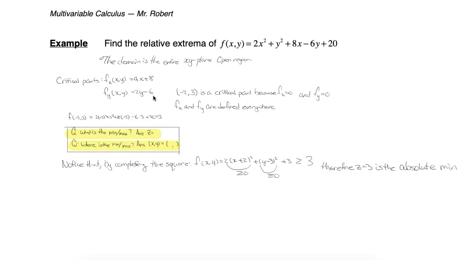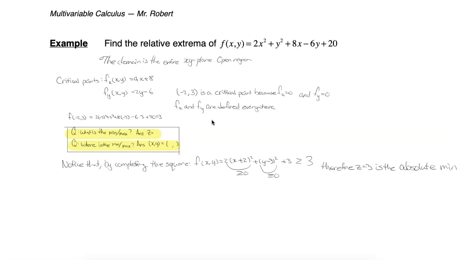If we plug that critical point back in the function, we find that f of -2, 3 is actually equal to 3. Now we would still need to figure out whether this is a relative min or a relative max. And in 10 minutes or so, we'll have a better strategy to find that.